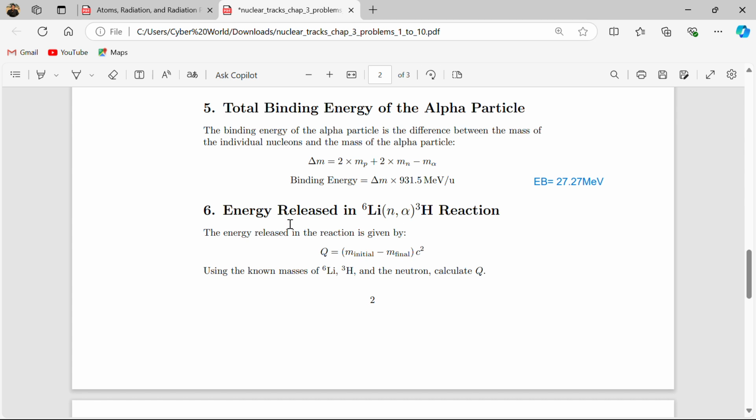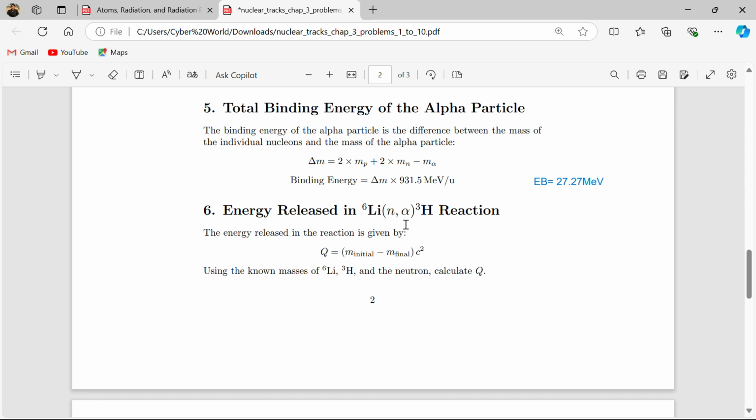So this is how you can find the energy released in lithium. The same procedure you have to do. Find the Q value, meaning total energy. It is basically equal to reactants minus products, times c squared. Reactants are the mass of lithium plus the mass of neutron, because these are the reactants.